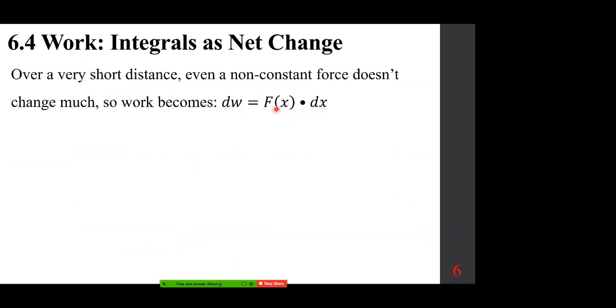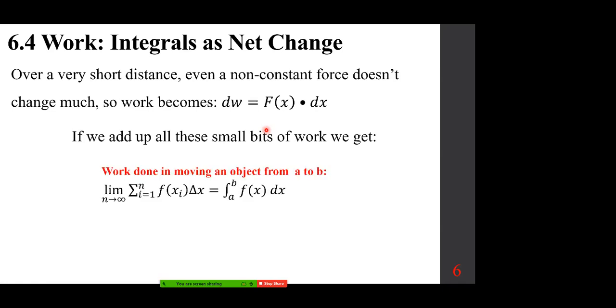I hope everybody remembers the concept from the area and the volume. If we add them up, it gives us the Riemann sum, and it becomes the integral from a to b of f of x dx.